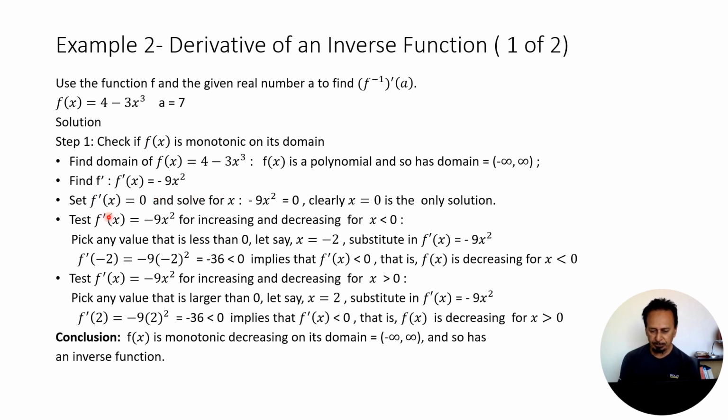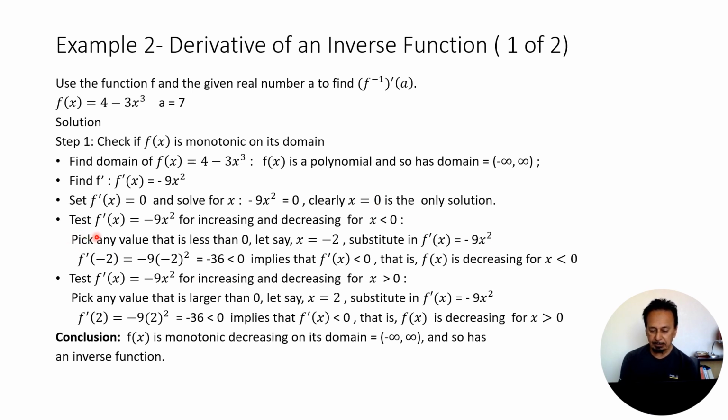Now we set the first derivative to 0, which means we set negative 9x squared equals 0 and solve for x. Dividing by negative 9 gives x squared equals 0, and then taking the square root, x equals 0. Clearly x equal to 0 is the only solution, and that is the critical value of the function.